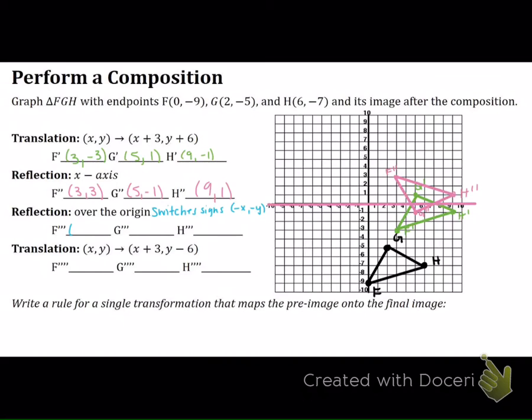What does F become? Negative 3, which makes sense if you're looking at where F is right now. I just put negative 3 in the wrong spot there. Negative 3, and doesn't it look like it's reflected over the origin if you were to fold it over the origin right there?